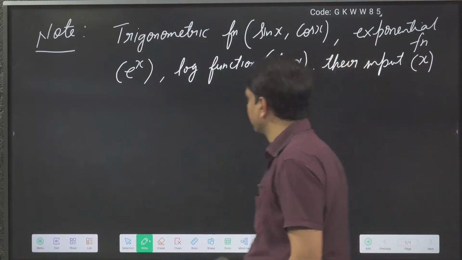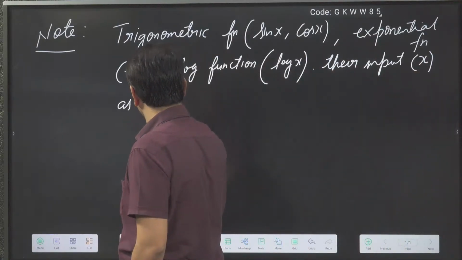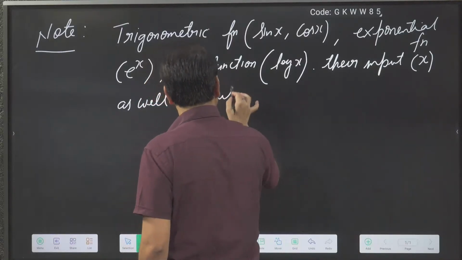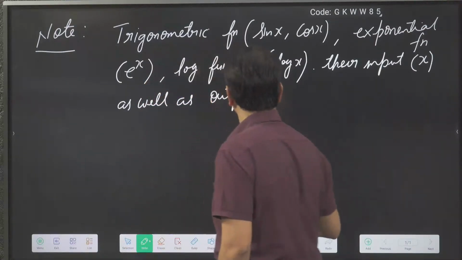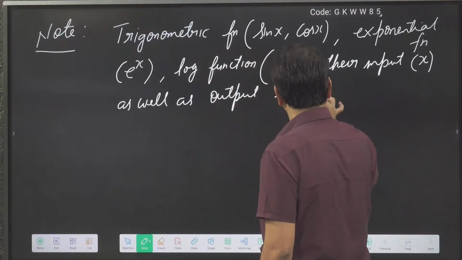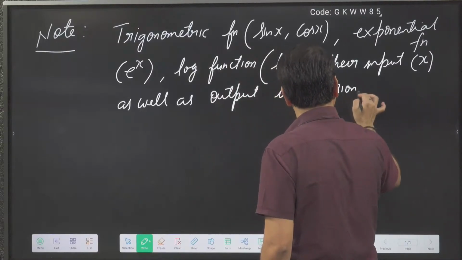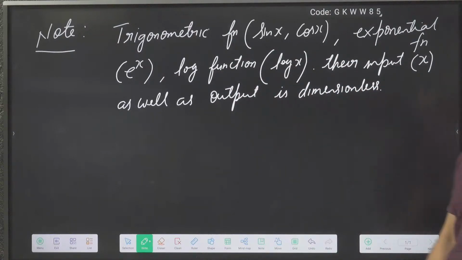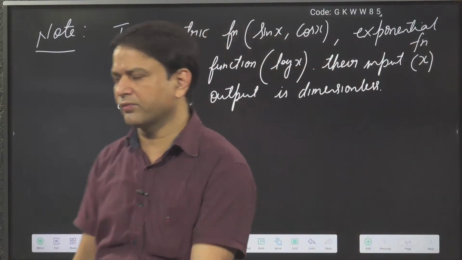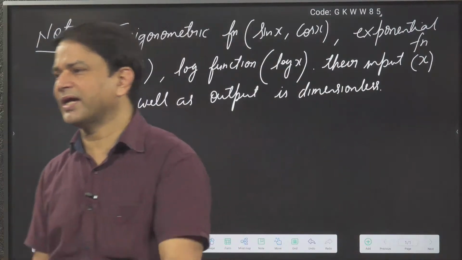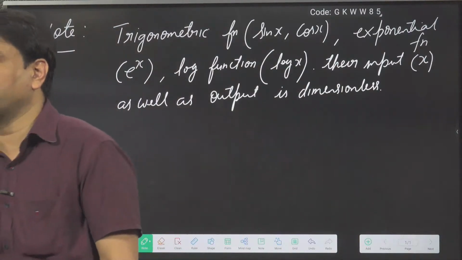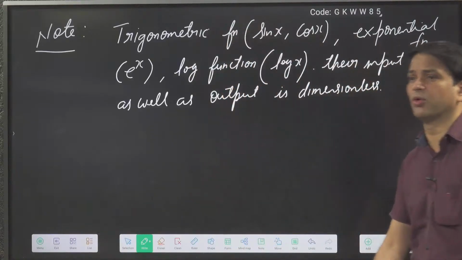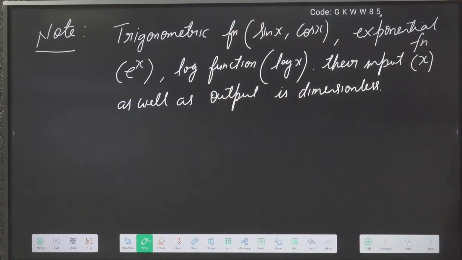X, their input as well as output is dimensionless. So we can say for trigonometric function, exponential function, log function, the input is what? X, as well as their output. Output is what? Sin x, cos x, e to the power x, that is the output. Then we can say both will be what? Dimensionless. Everybody got?